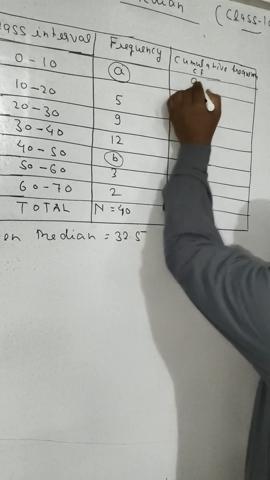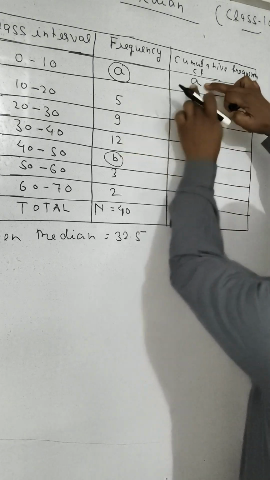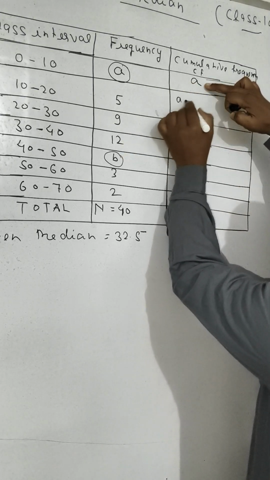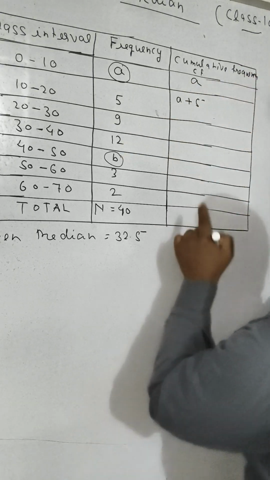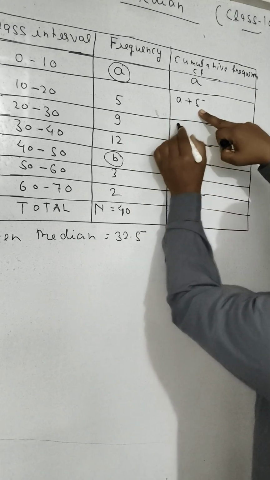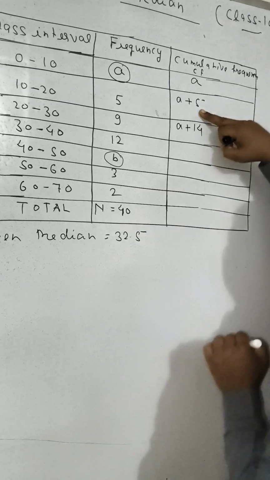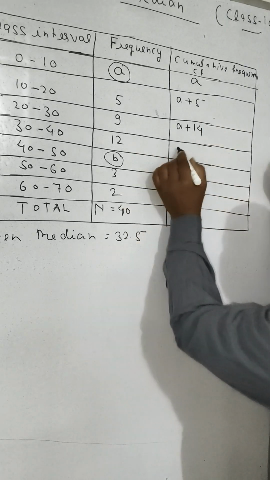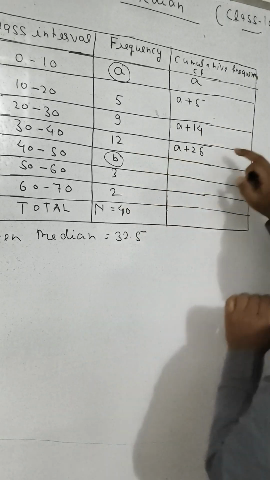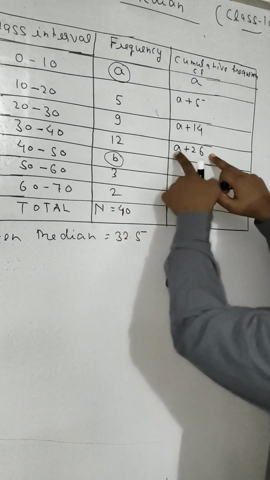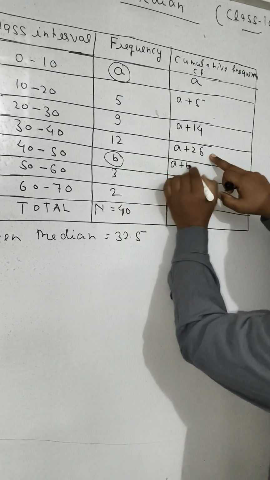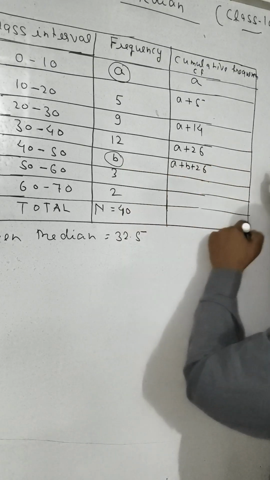So here this is A, and this will sum. A plus 5, similarly A plus 5 plus 9 becomes A plus 14. A plus 14 plus 12, that means A plus 26. Similarly A plus B plus 26.